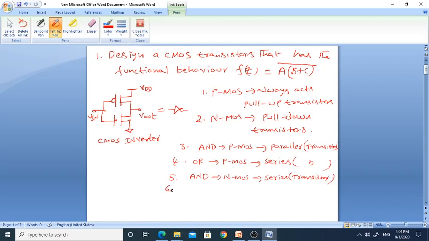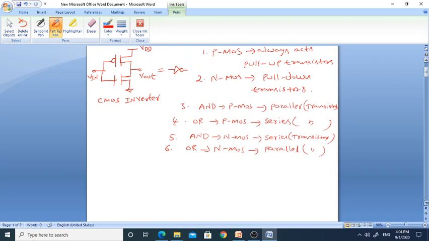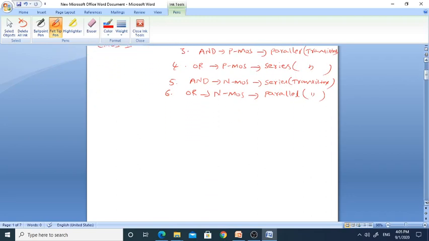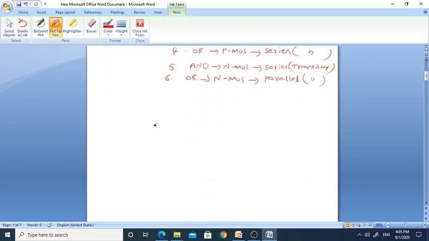And if you want to implement an OR function by using NMOS, the transistors are in parallel. This is the standard notation to represent CMOS transistors for a Boolean function.